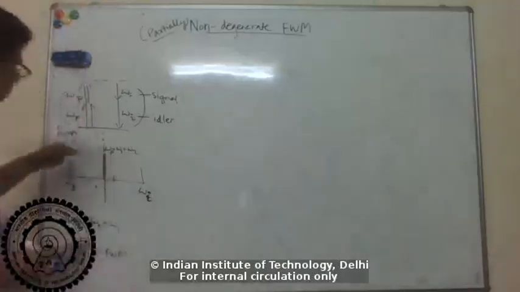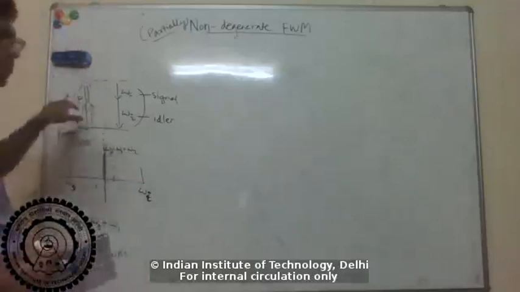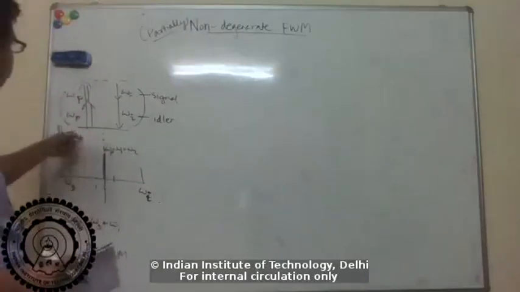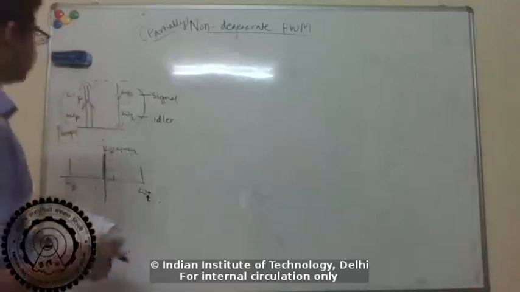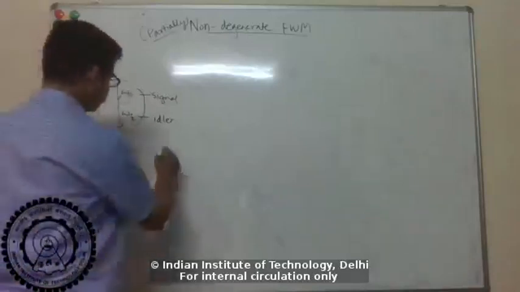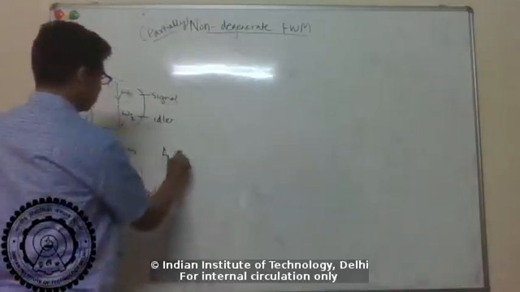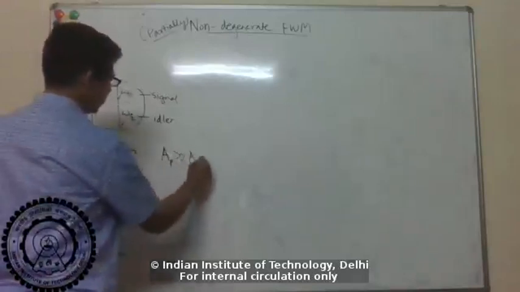Okay, and then we analyze the situation, of course, in the case where these are called pumps because these are much stronger than the signal and idler. Right? So the amplitude of the pump is much bigger than the signal or idler amplitude.